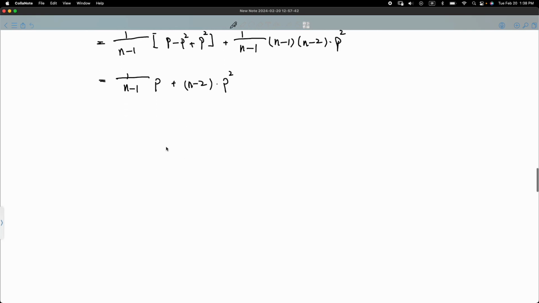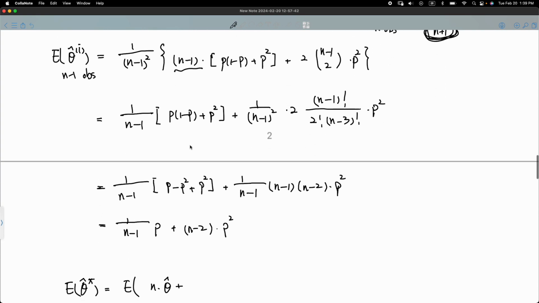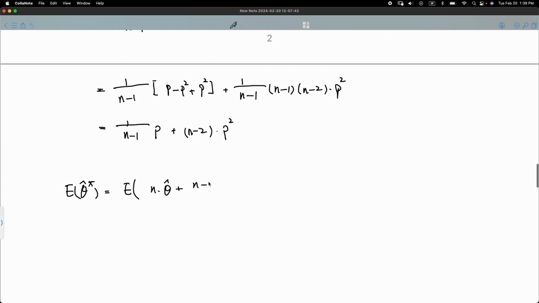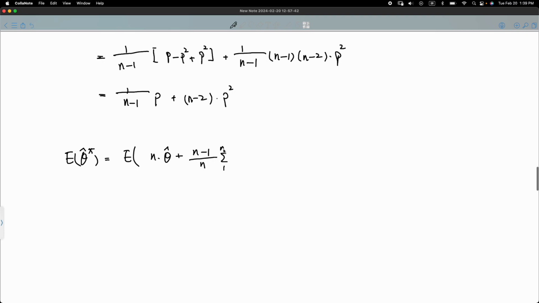But what we are interested in is theta star. So now we evaluate the expected value of theta star, which is the expected value of n multiplied by theta hat plus n minus 1 over n times the summation from 1 to n of theta hat superscript i.